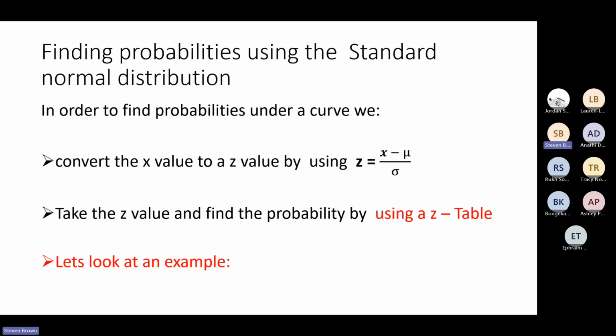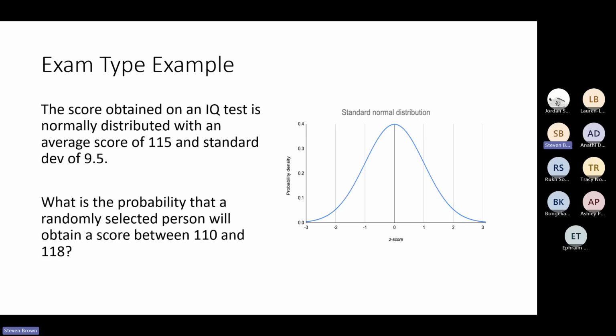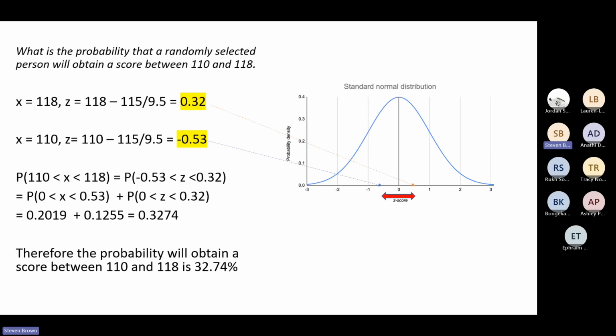And the next one is 118 minus 115 divided by sigma. So you're going to do two calculations to get two Z values. Those Z values are going to help you find your probability. So the first thing you've done is you've taken your X and you've converted it to a Z value.